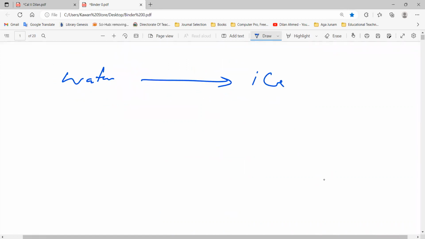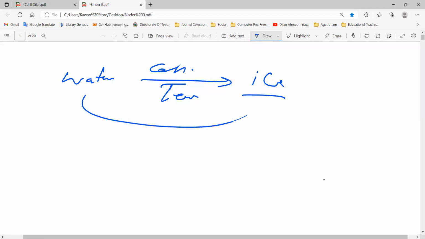So what's the parameter to change its temperature, right? Cooling down. You can say cooling, but the main thing is temperature. We decrease the temperature and then we make it freeze, right? So we freeze it and change the water to ice.